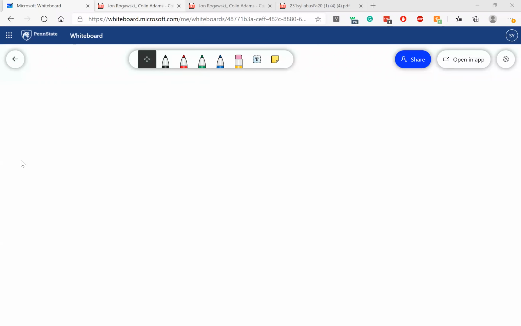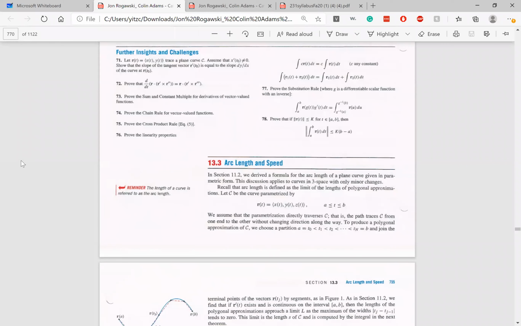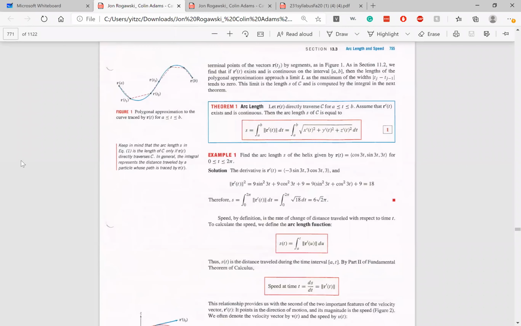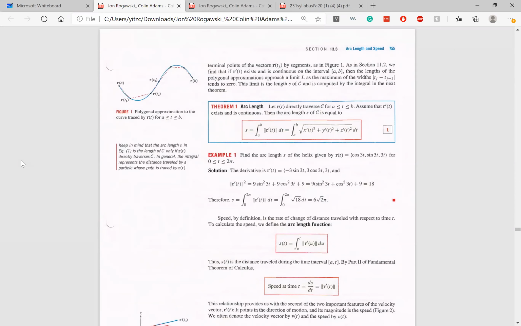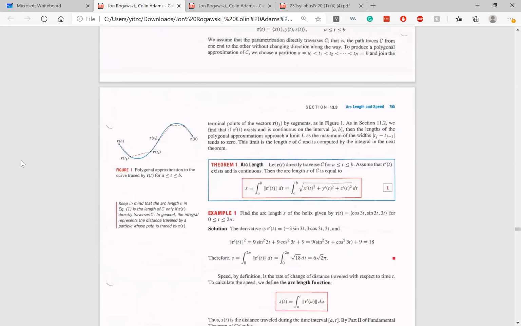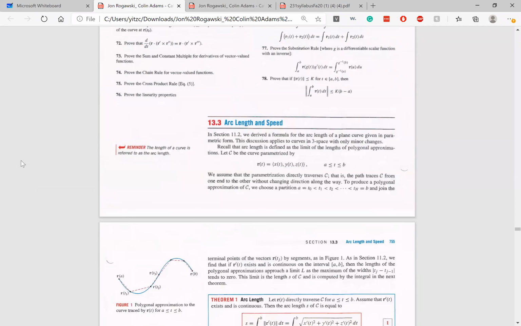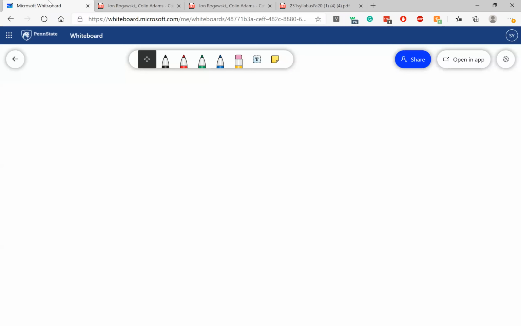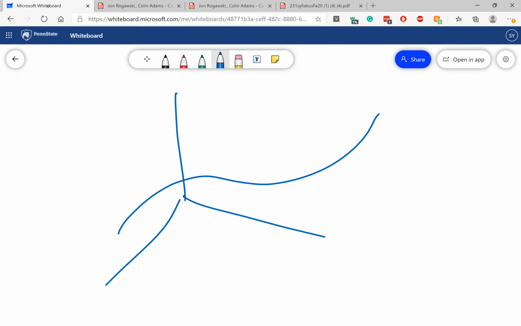Let's continue with arc length and speed. So in order to find the arc length of a curve, let's say you have a curve in space, and you want to find the arc length, the length of this curve from, let's say, the point A until the point B over here.